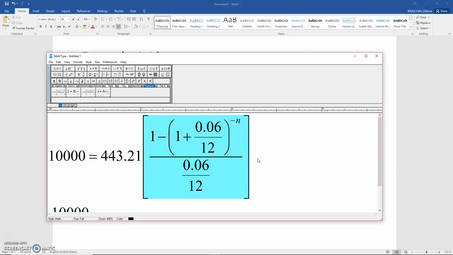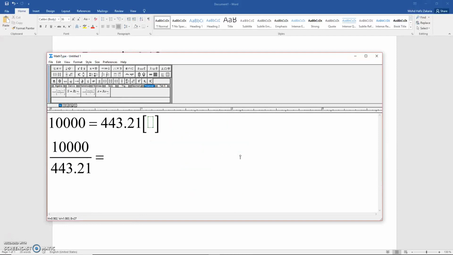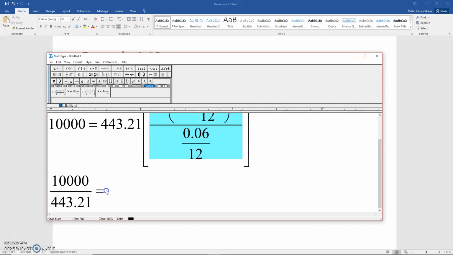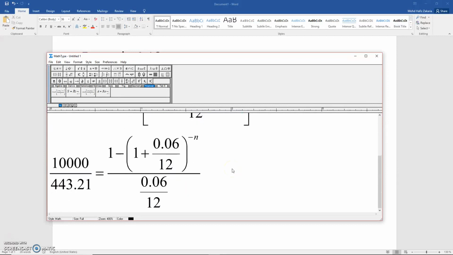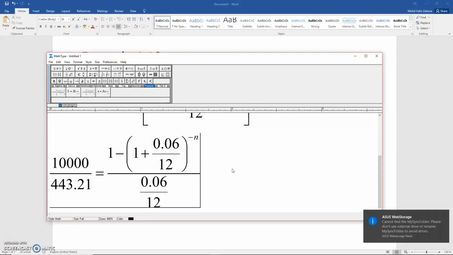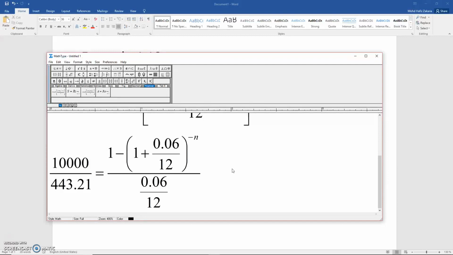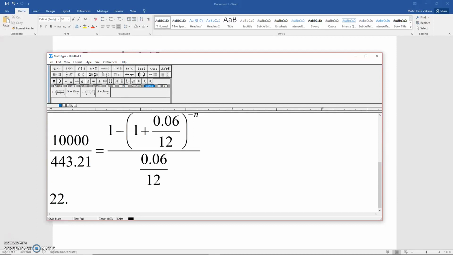We can actually open the bracket because we already moved the R. Okay, so it should be like this. 10,000 over 443.21, right? You get 22.56267, equal to this.